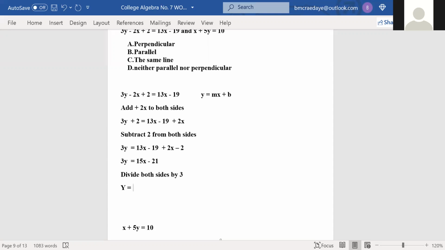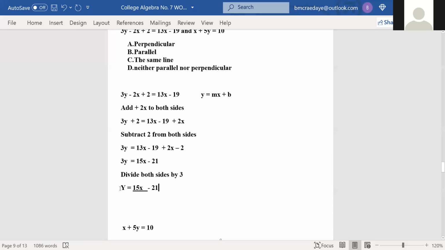So that would become y equals 15x, and we're going to divide by the 3. Let's put the 3 under here. Let me just put the 21 here, minus 21.